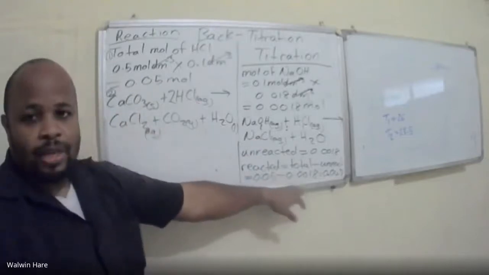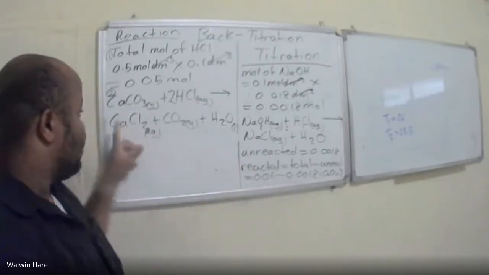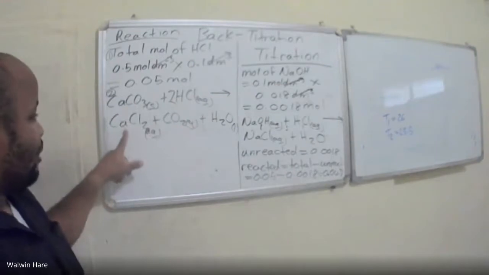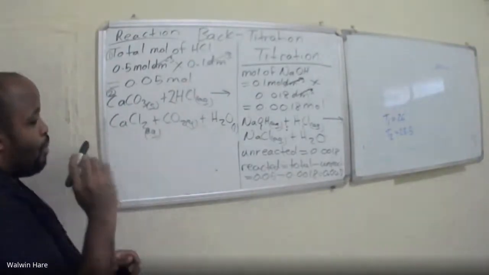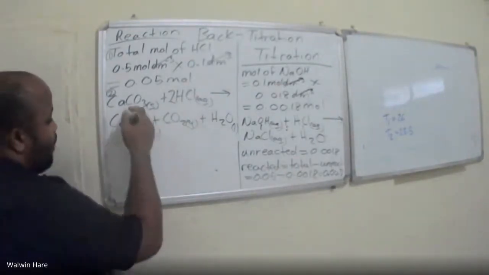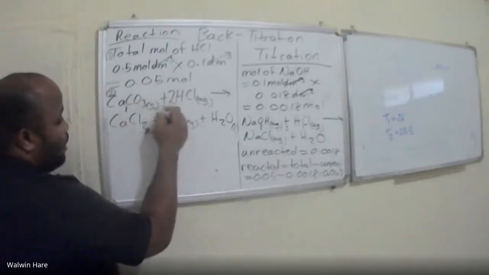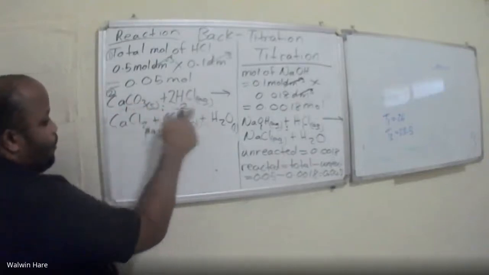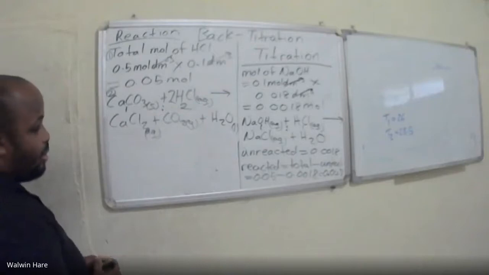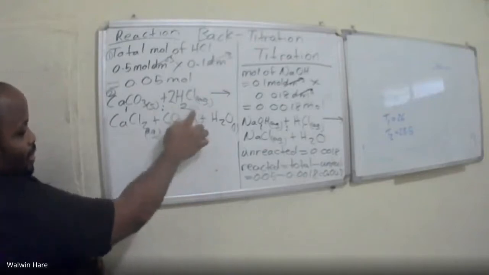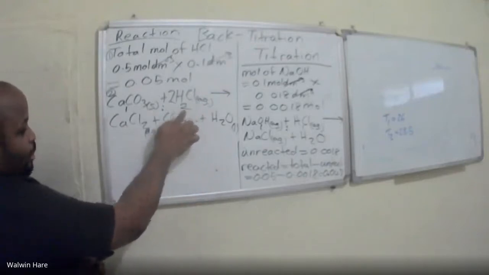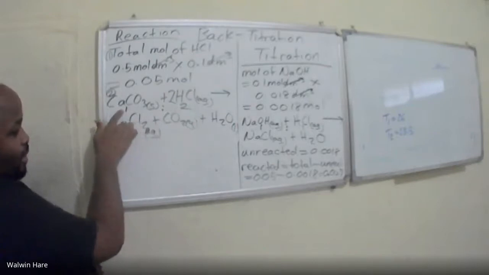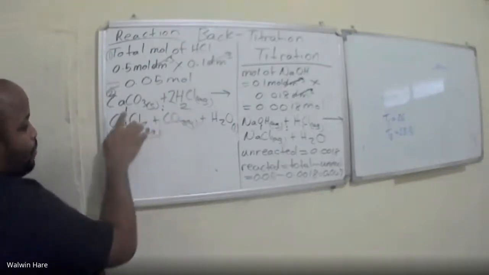Right. So we know the amount of moles of HCl that reacted with the calcium carbonate. So at this point, we are going to return to the reaction. So the mole ratio between calcium carbonate and HCl is 1 to 2. All right? We know the mole of HCl, and we're trying to find calcium carbonate. So it's going from 2 to 1.